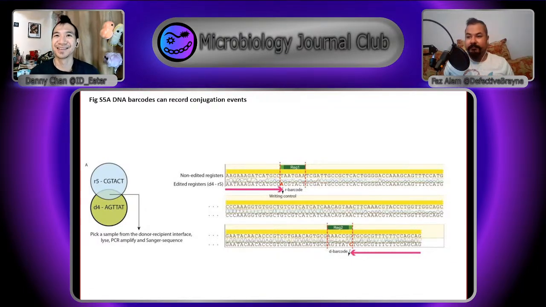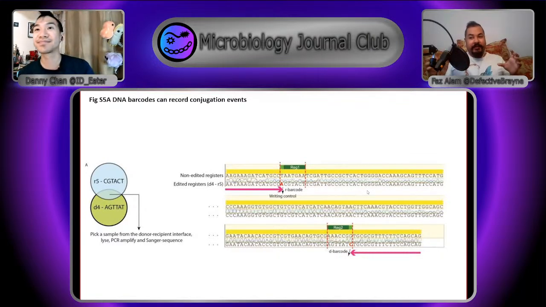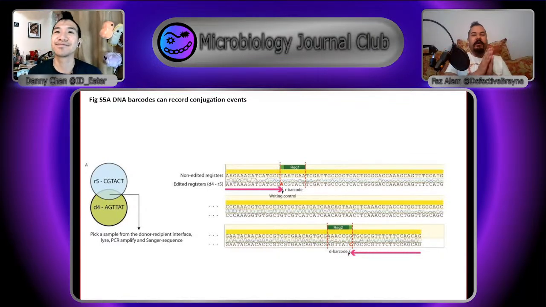They even show that writing control bit, that A. It doesn't have anything to do with the identity of the barcode. It would just be an A if there was some sort of edit, otherwise it would stay whatever it is. But they've got these writing controls that essentially the sequencer knows how to find.